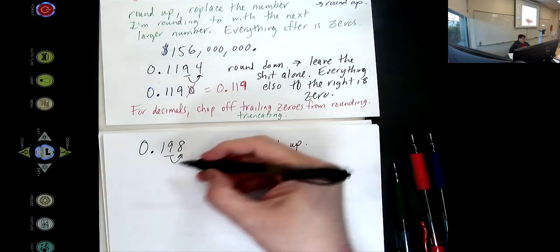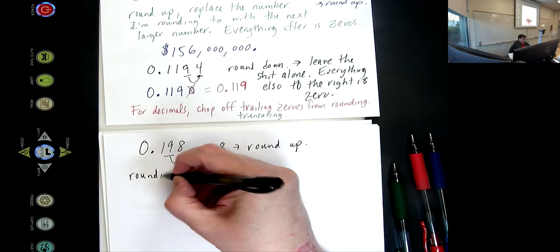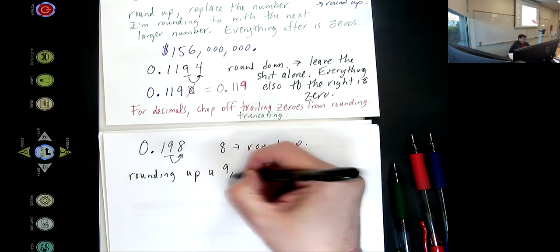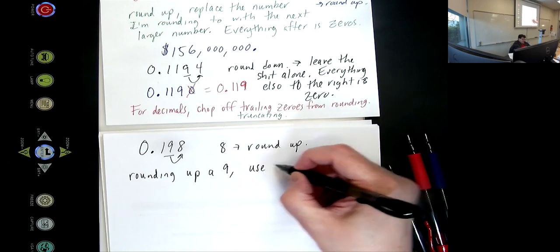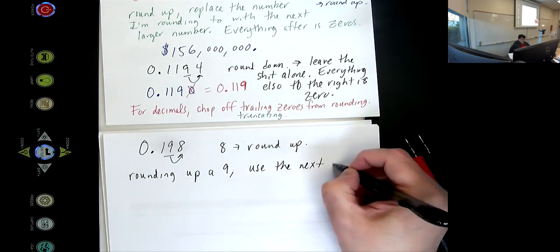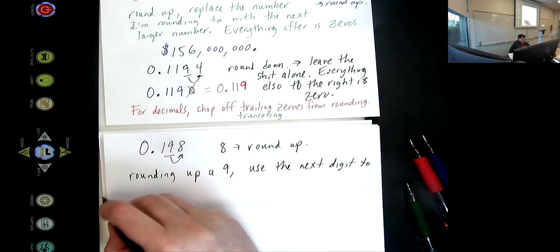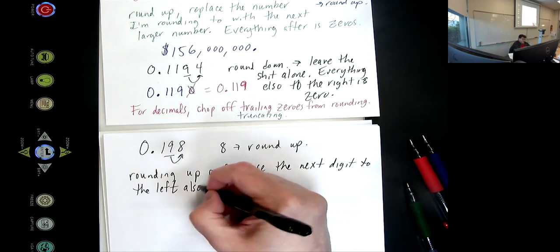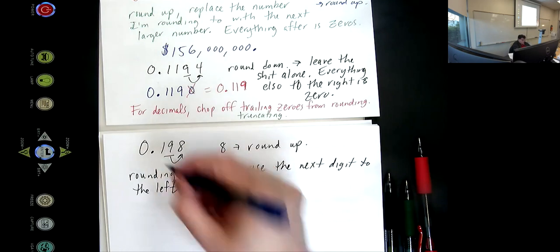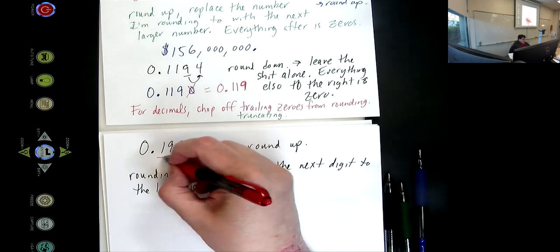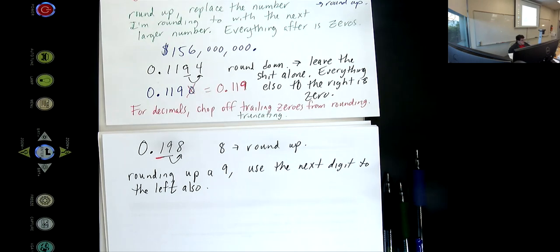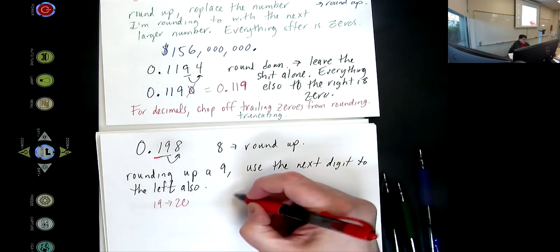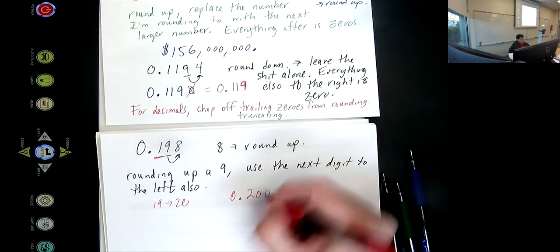When you're rounding up a 9, use the next digit to the left also. We're really going for this 19, and the next larger number here is 20. So 19 goes up to 20. This becomes 0.2000.